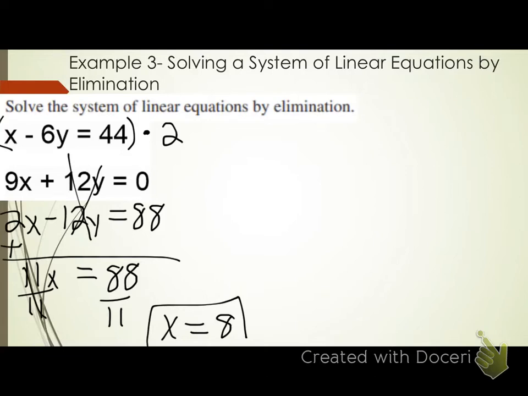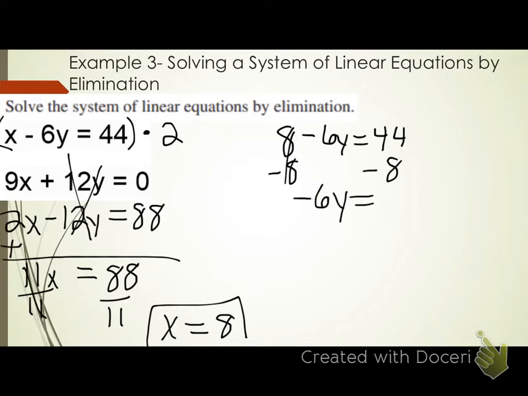Okay, I can pick any of the 3 equations I want. Do you want first, second, or third to plug 8 into? First. So replace your x with 8. And now we're solving for y. It's my first step to get y by itself. Subtract 8 from both sides. Negative 6y equals what's 44 minus 8?